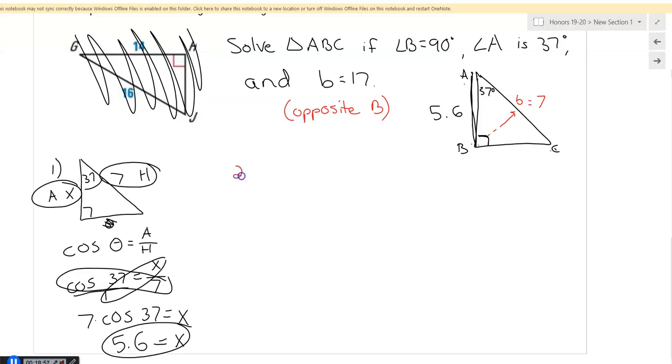All right, part 2. For part 2, I'm going to solve for my other missing side that we have right now, that B to C. So I know 37, my right angle, and 17, and I'm going to solve for x down here. So again, I have my opposite side, my adjacent side, and my hypotenuse. In this problem, the adjacent side is not important. So I'm going to be using O and H, so that will be sine.